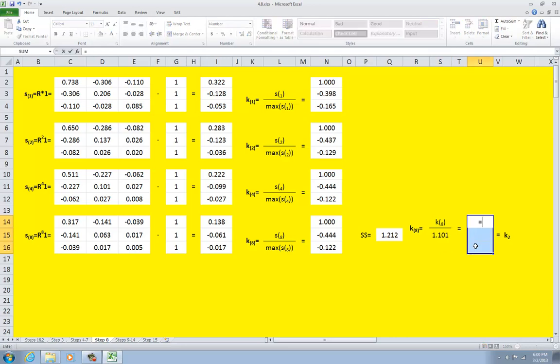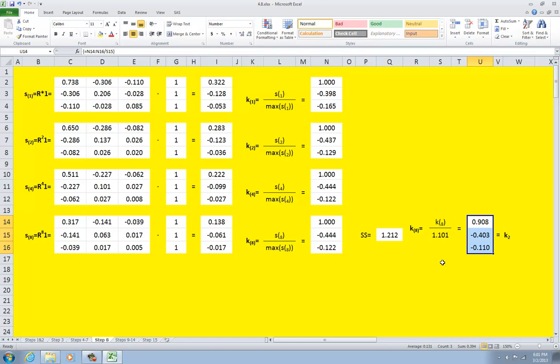And what we're going to do is find the second true eigenvector of matrix R, the K2 vector, by normalizing the last trial eigenvector to 1. So we're going to divide each entry in that vector by the magnitude. So take K8 and divide it by the magnitude, which is 1.101.